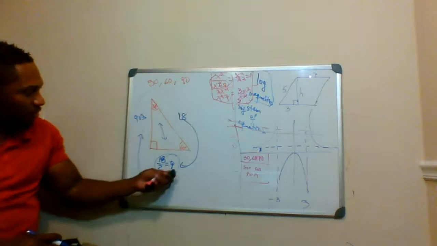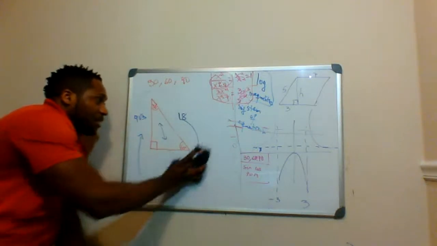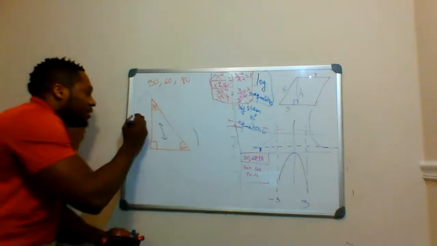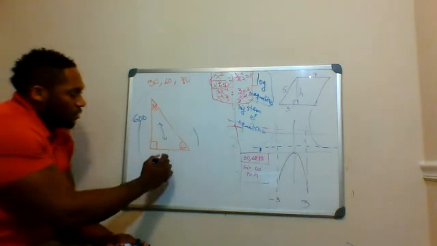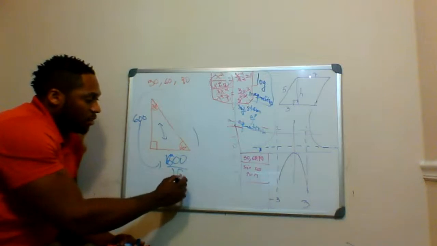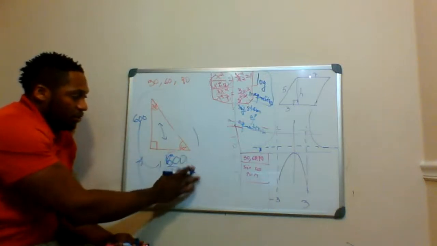If you verify those, this square plus this square is equal to this square. Another thing: if I knew this side to be 600 and I want this side, I'm going to do 600 divided by square root of 3, because from this to here is whatever I had multiplied by square root of 3.